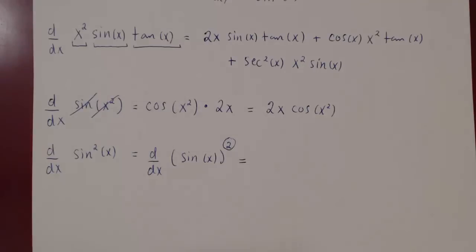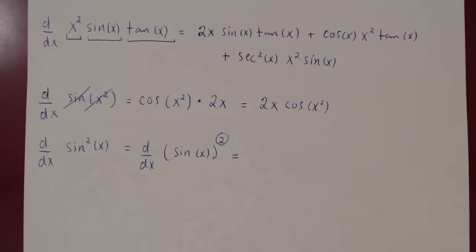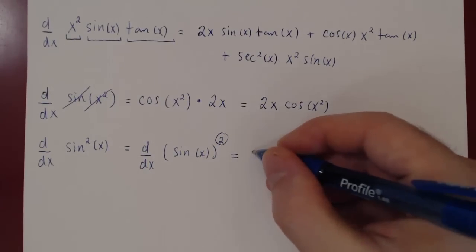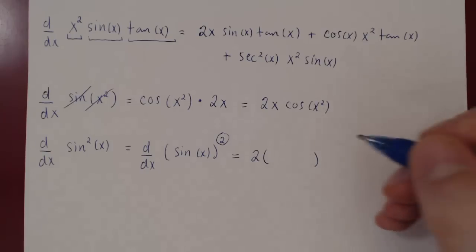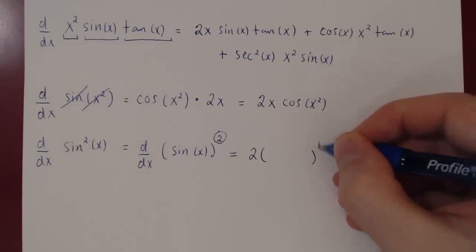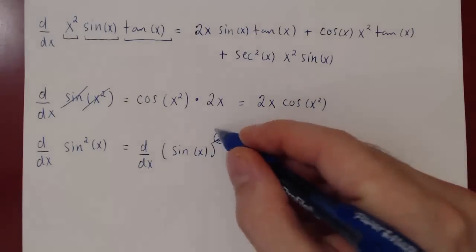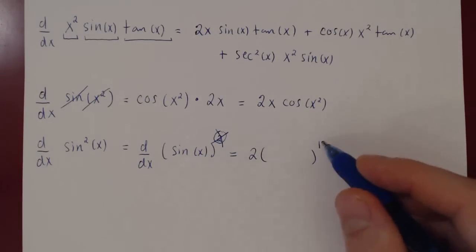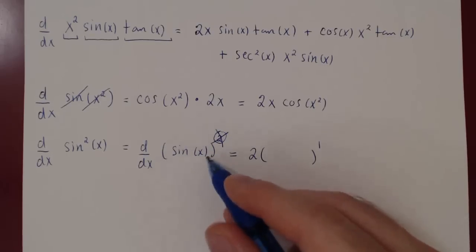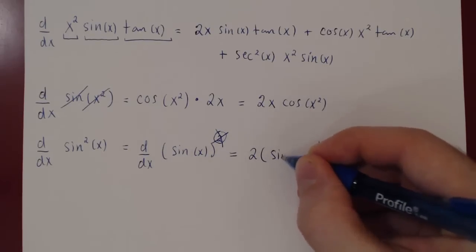We have a power 2, so we use, of course, the power rule. We bring the exponent down. Subtract 1 from the exponent. 2 minus 1 is 1. Differentiate, cross off, and you're left with 2 times something to the 1st power of whatever is left over, which is sine of x.